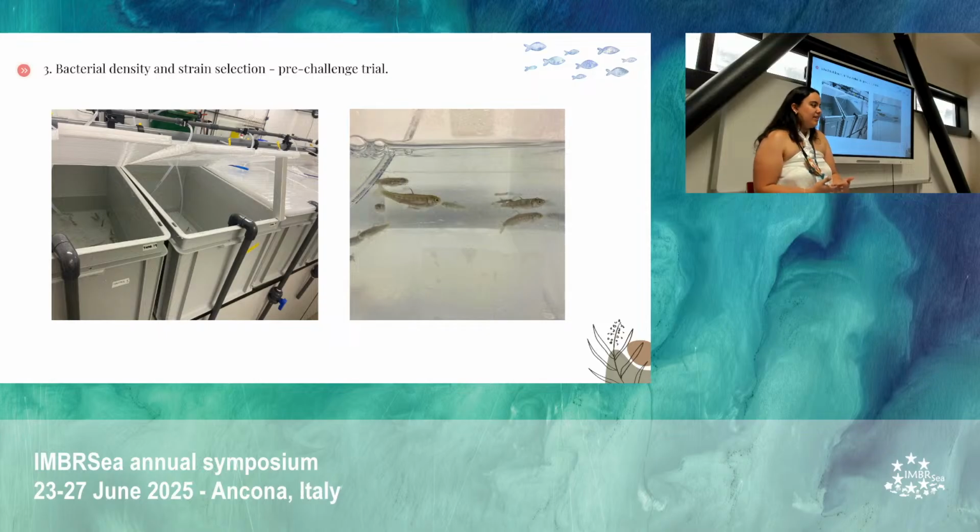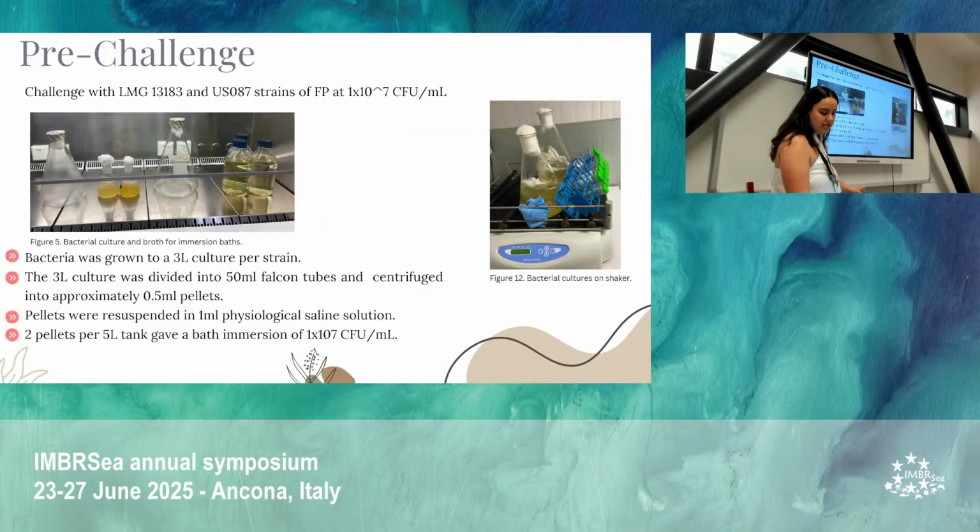The next experiment that I did was the pathogen bath, which follows the same design. So I created the culture of bacteria to the concentration that I wanted to have in each 5-liter bath, where I kept the fish for 60 minutes, the same as the toxicity trial.